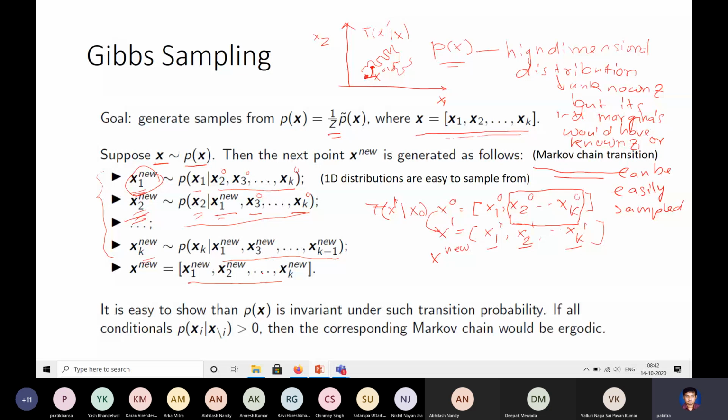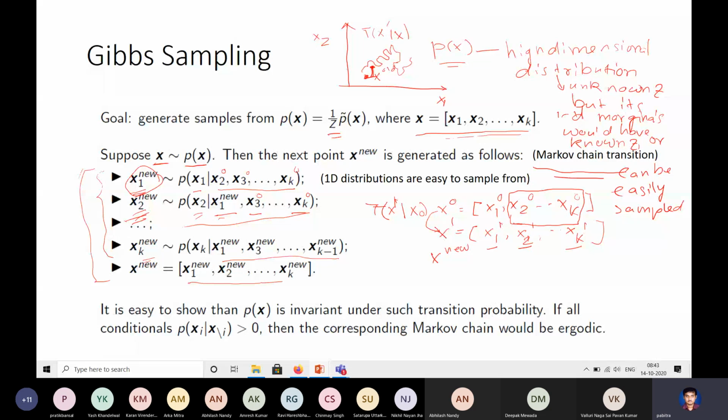I have got a new point x1 new, x2 new, xk new, a new point in the trajectory. So basically I have designed a transition: I have defined a transition probability from one step to the new step using these one dimension at a time conditional distributions.